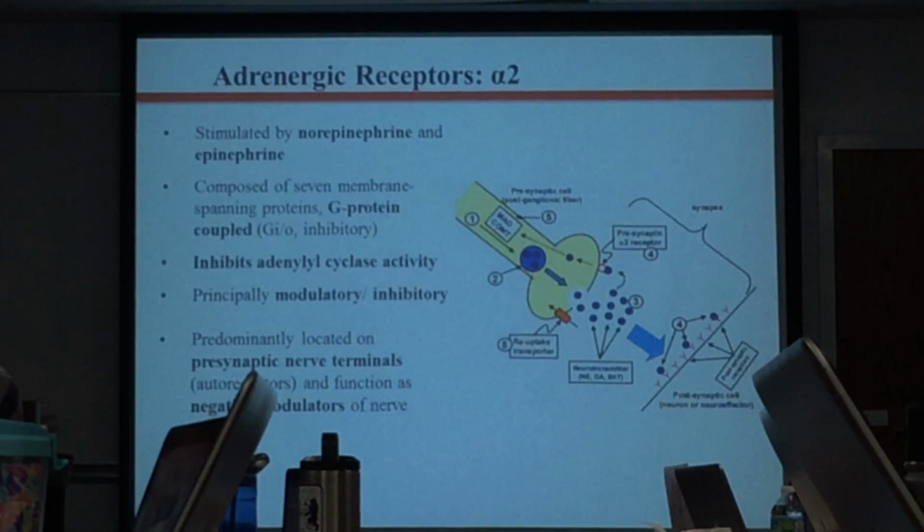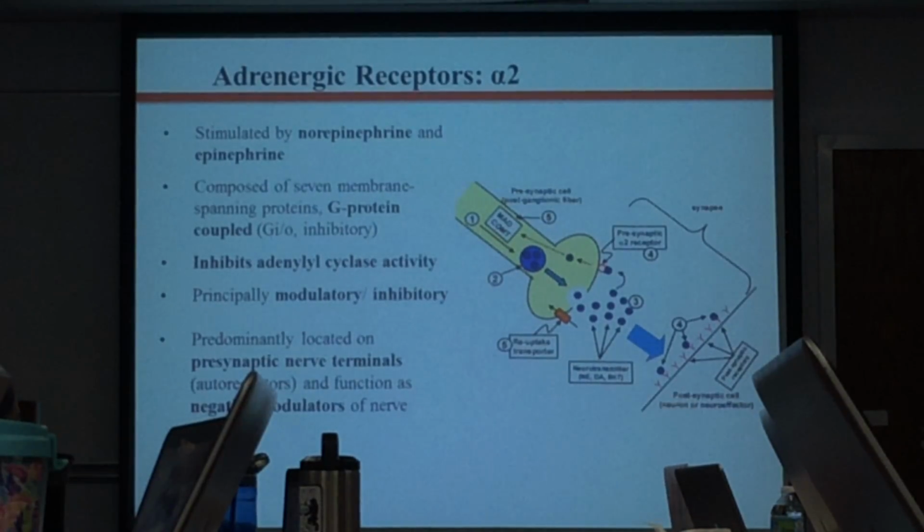When the autoreceptor is located on neurons, 99% of the time, it has to be neuron-type specific. When we say adrenergic autoreceptor, we're talking about autoreceptors located in norepinephrine neurons, in the cell body and the nerve terminal.